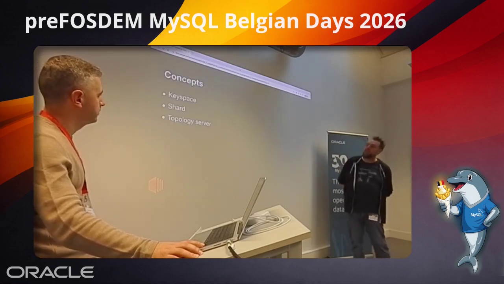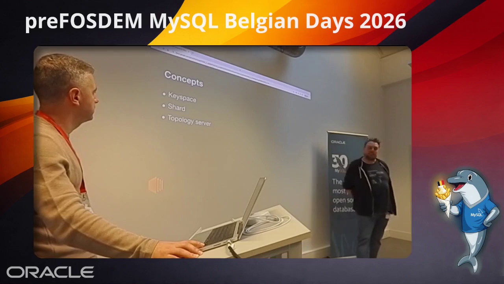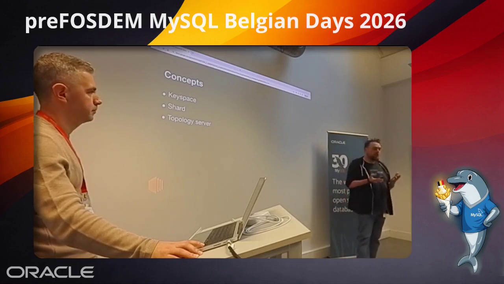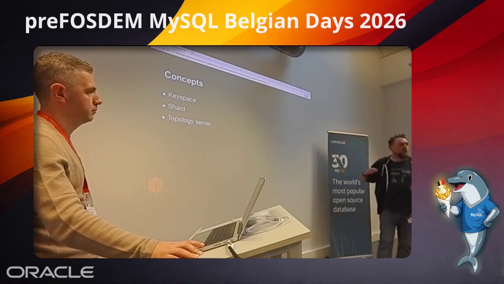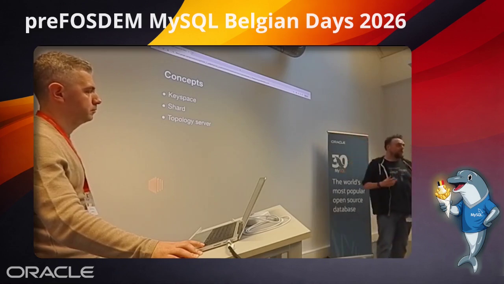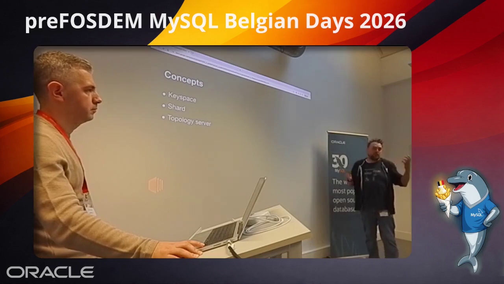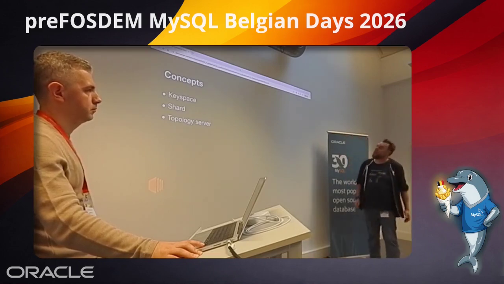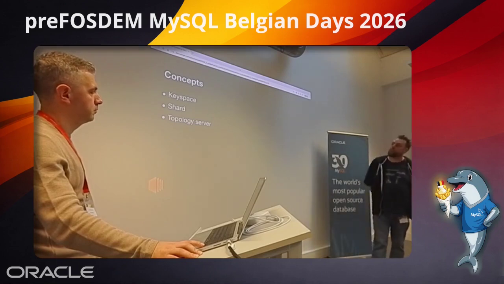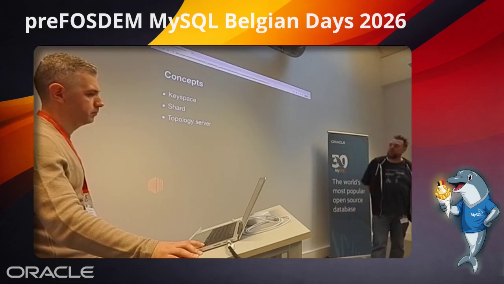Some key concepts in Vitess land. A keyspace is the combination of a logical domain, like Igor mentioned, the users and the commerce. Those could be two different keyspaces. The users has a set of tables that join together, and the commerce has a set of tables that join together, which makes it easier to do those joins within the same keyspace.